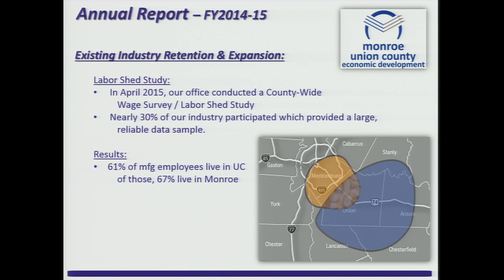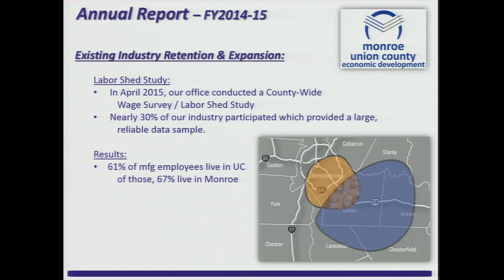Roughly, you can see here in the orange, there's always going to be orange, sorry. But this orange is the salary, and the blue is your hourly workforce. So that's basically the pool and where we draw from. So you can see that while it's Union County, we draw from a significant geographic area.